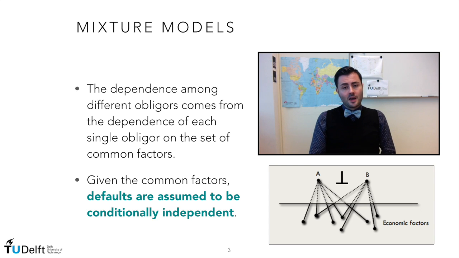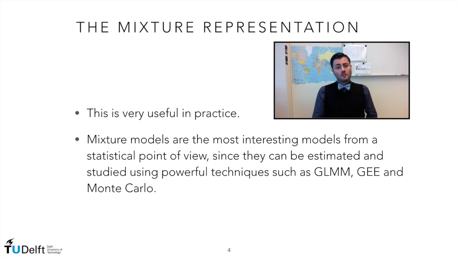In particular, every threshold model may have a mixture model representation. Later on in the course, we will see that this is quite useful because mixture models are more efficient from a computational and statistical point of view. It's easier to estimate the parameters.